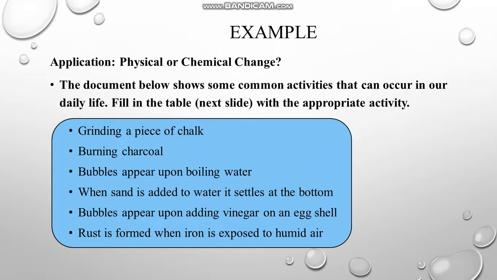So it's a change in the shape of this chalk. It was solid, it became powder, so it's a physical change. We didn't obtain a new substance with new properties. It still has the same color, the same properties, so it's a physical change.